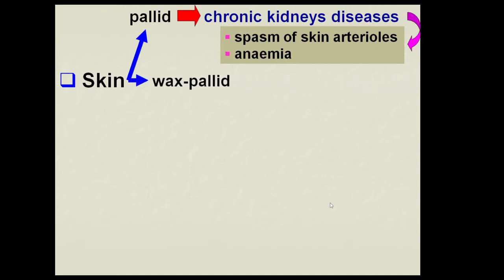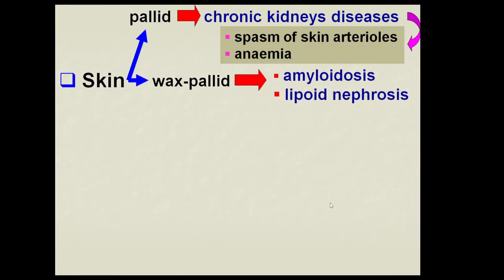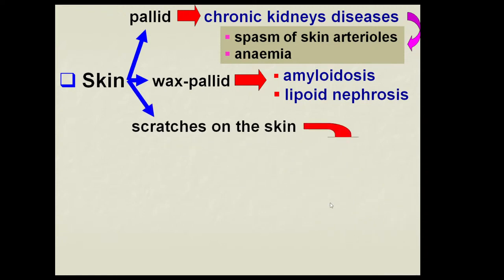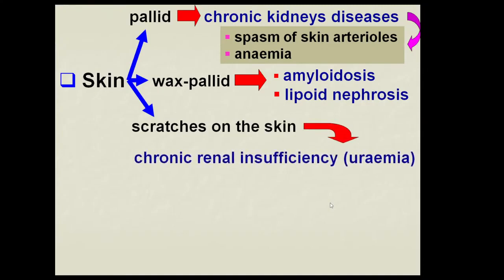Sometimes skin can be a waxy pallid color, which is characteristic for amyloidosis and systemic diseases, lipoid nephrosis. The skin of the patient may be covered with scratches as a result of skin itching in the patient with renal failure.